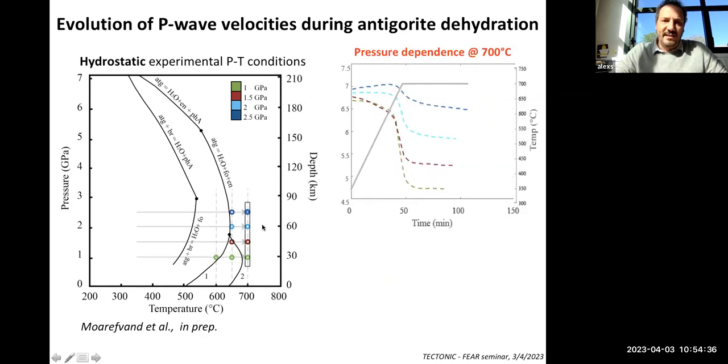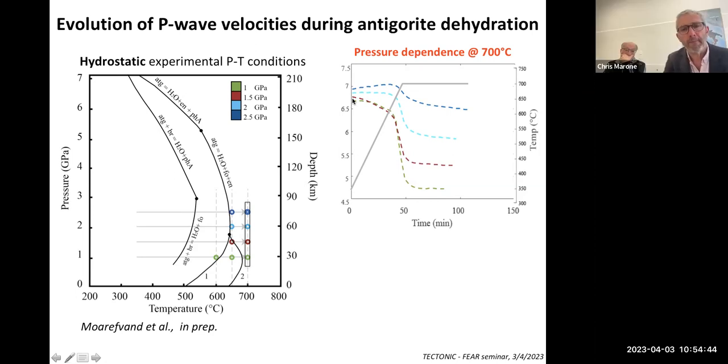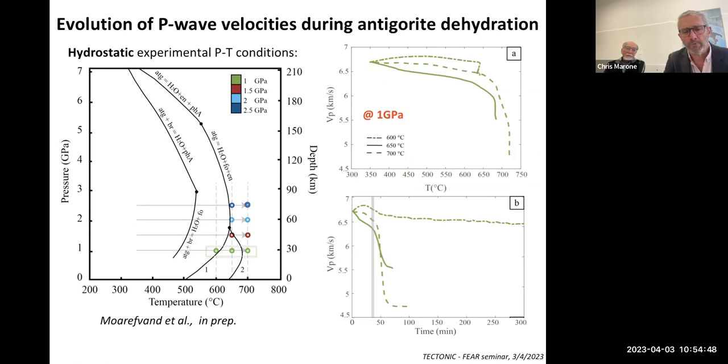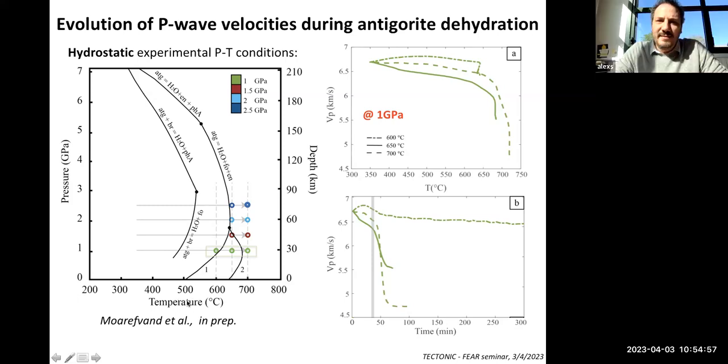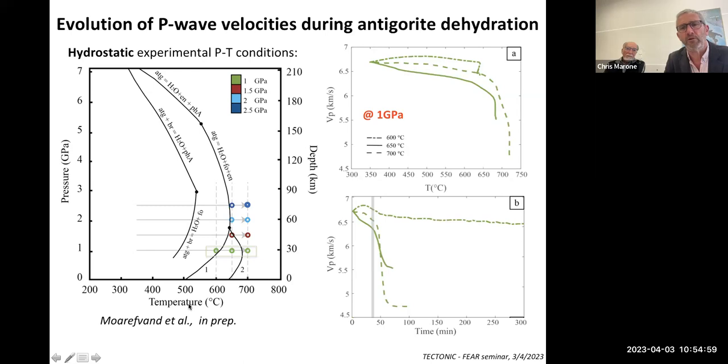So we can now look at the effect of pressure. Now we look at from 1 to 2.5 GPa. Hey, Alex, sorry to interrupt. Can you go back to the slide before? I'm confused by the plot at the top right, because the x-axis is temperature, right? What does it mean to have a line that says 600?